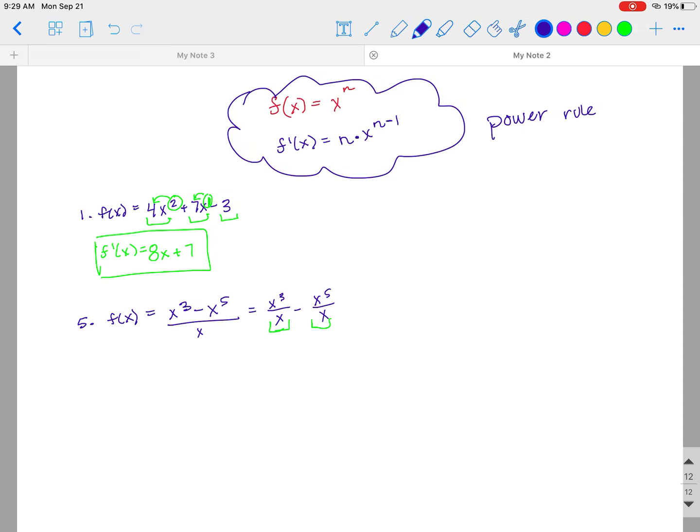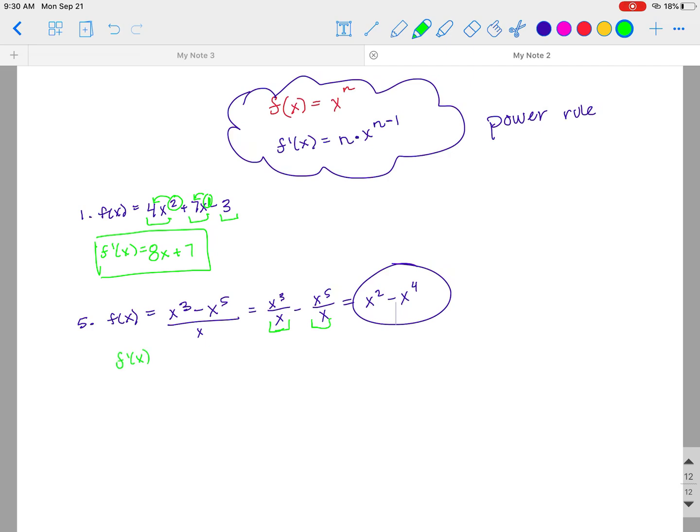So x cubed divided by x is going to be x squared, and x to the 5th divided by x is going to be x to the 4th. So this is a much easier expression to go ahead and take the derivative of than this huge quotient.